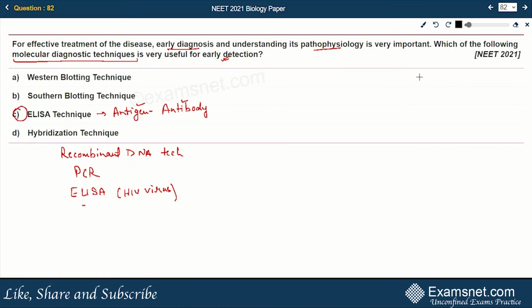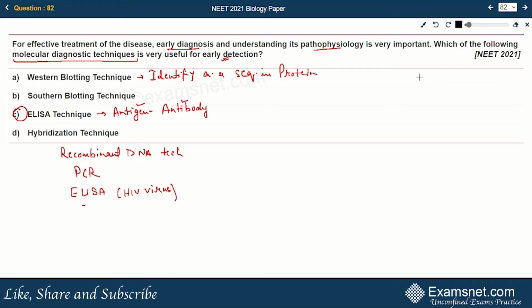Let's see what are other options. First one is Western blotting technique. What is Western blotting technique? It is a blotting technique that is used to find the sequence of amino acid. Okay, that means this is used to identify specific amino acid sequences in protein.